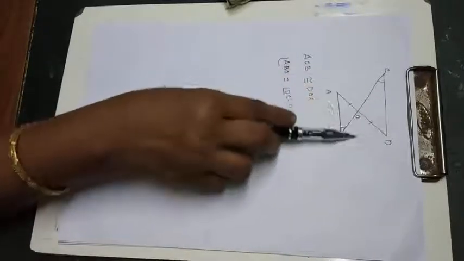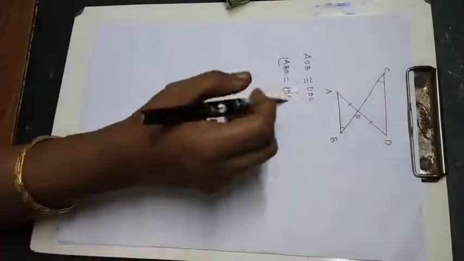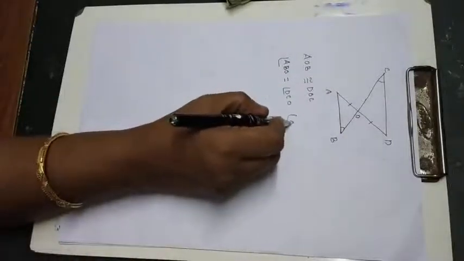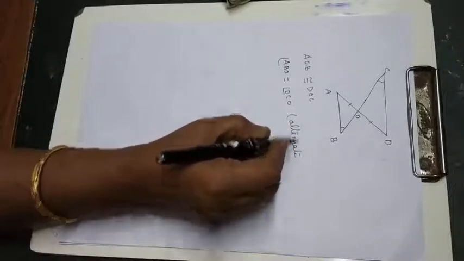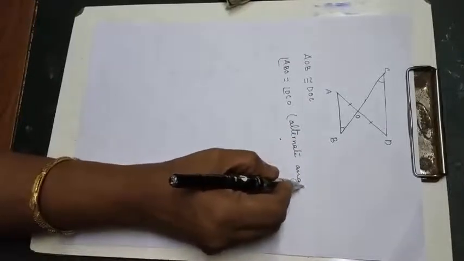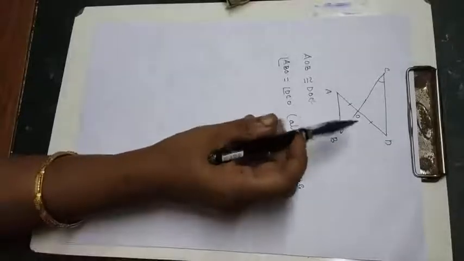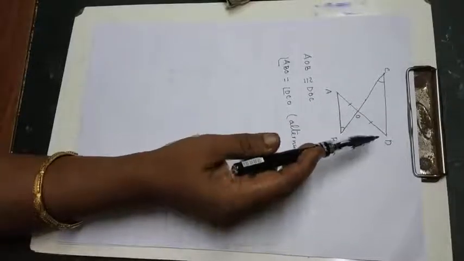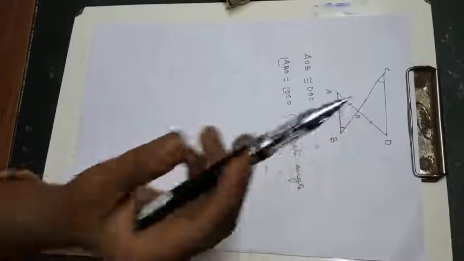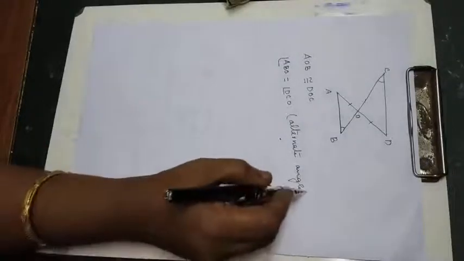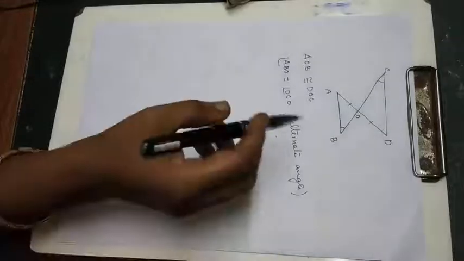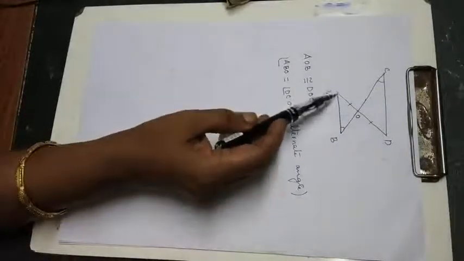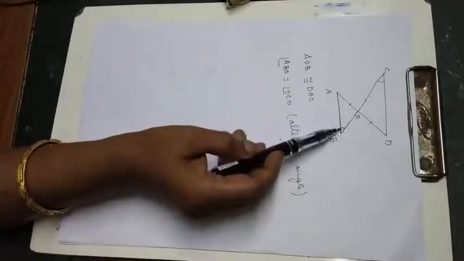It is alternate angle because it is given AB is parallel to CD and AO is a transversal. Simply write alternate angle, it is understood.